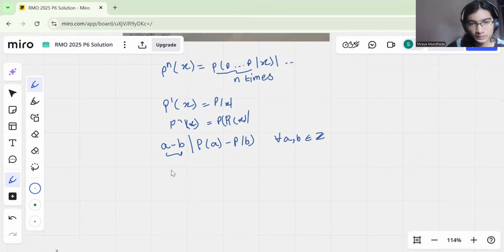So if you want to prove this formally, you can just expand it out: p of x is a_n x to the n plus and so on, down to a_k x to the k.